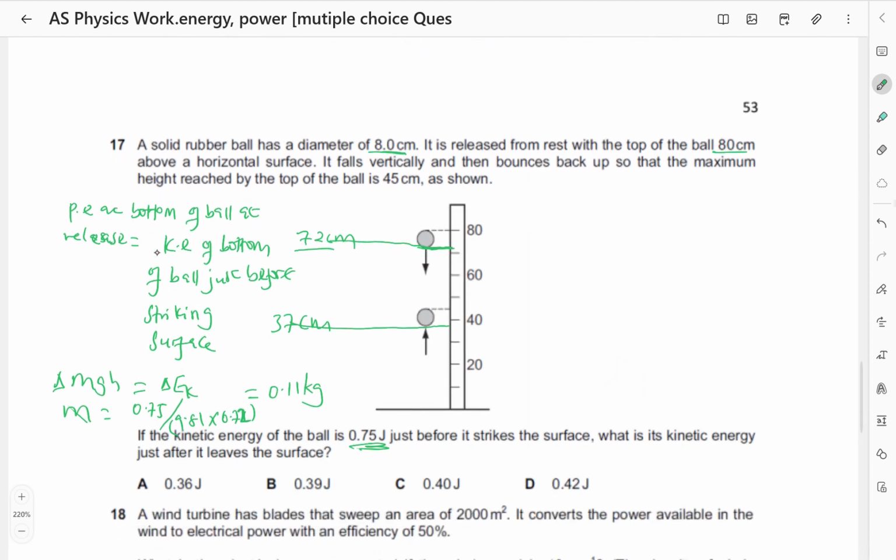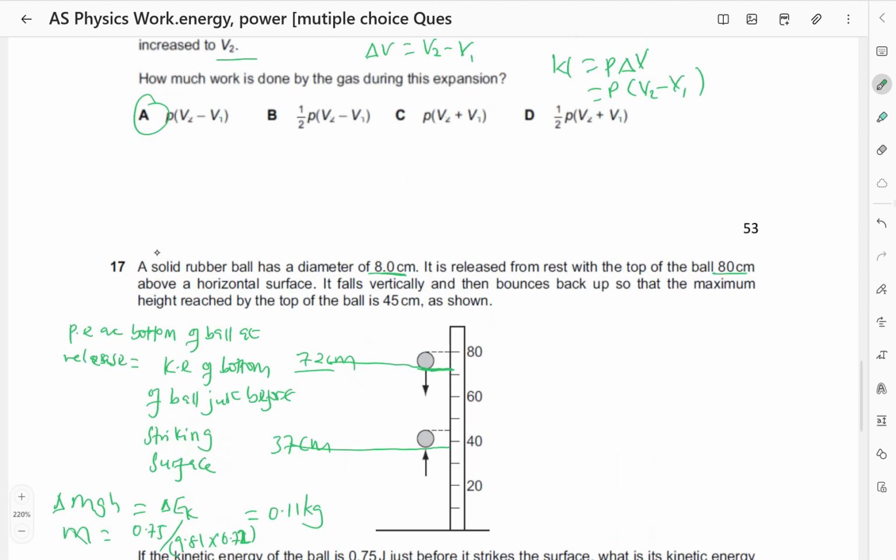Now the question is asking us to find the kinetic energy just after it leaves the surface. Of course, as it leaves the surface, it is going to lose kinetic energy as it gains potential energy. So I'll simply say that the kinetic energy after leaving the surface is equal to the potential energy of the bottom of the ball at the height of 37 centimeters.